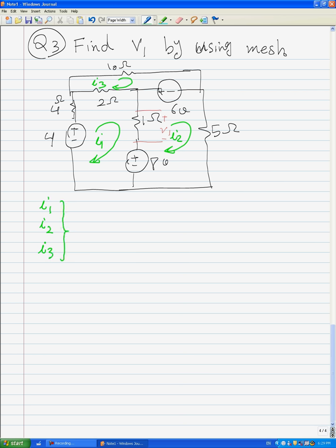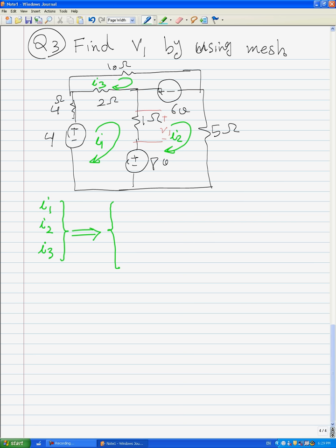We have 3 unknowns and therefore we need 3 equations to find them. That's why we need 3 equations.